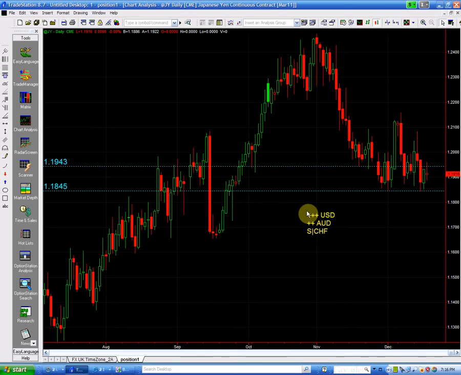Now on the weak side, this one here having a well-defined sell signal, the weakest right now is going to be the yen, because the yen is the one that's giving me a clear, new, fresh sell signal. And we also have the euro as weak and the British pound as weak.